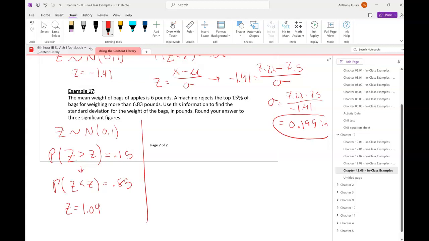Okay, Elise, did you get the 1.04? Yeah. Okay, what do we do now? We know that, right? That's our z-score formula. So 1.04 is z. Our measurement is 6.83. Our mean is 6. And we're solving for sigma. That's the standard deviation.